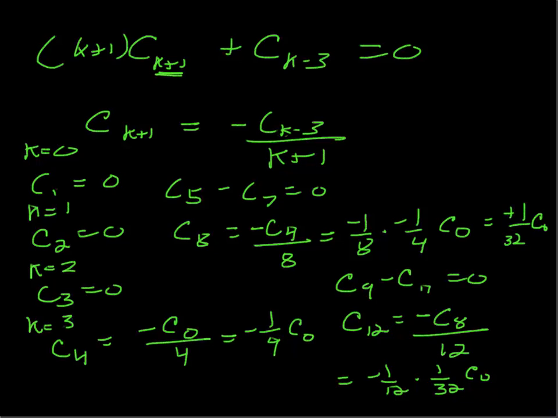Which is equal to negative 1 over 384 C0. And I'm going to clear. C13 through C15 is equal to 0.